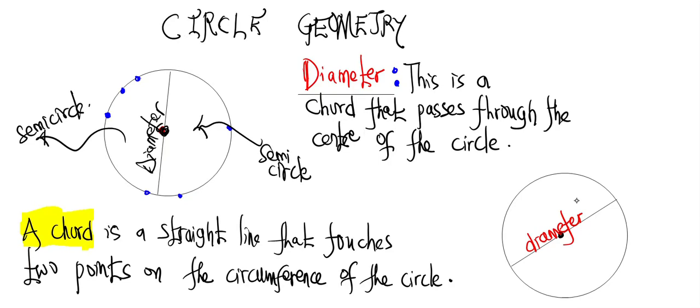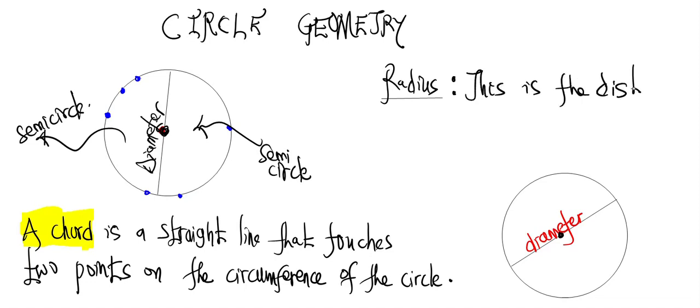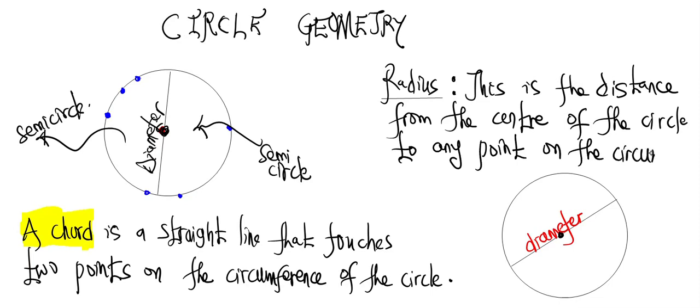So the radius is the distance from the center of the circle to any point on the circumference. So the distance from the center of the circle to any point on the circumference is called the radius.